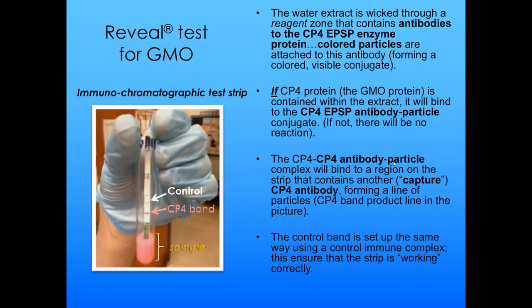The test is an immunochromatographic test strip. What you basically do is you have a sample, and then you wick the solution up this way. The GMO protein, the CP4 protein, if it's in the extract, will bind to an antibody that has a colored particle attached to it, because antibodies are very, very specific.